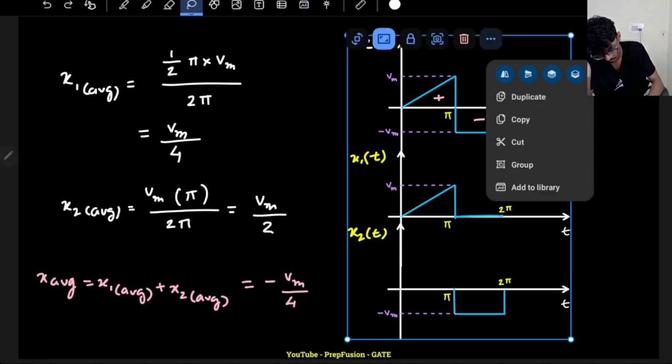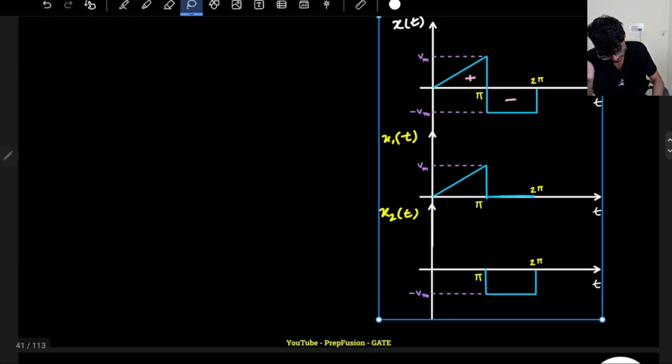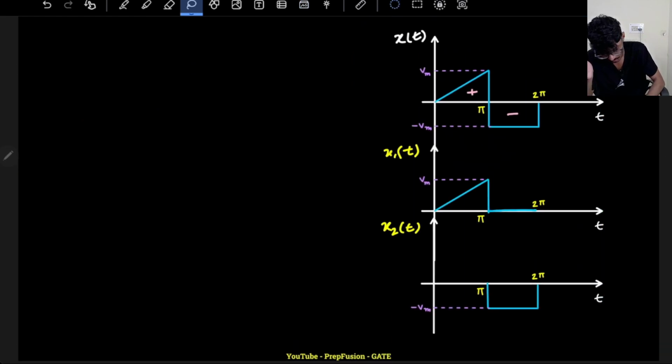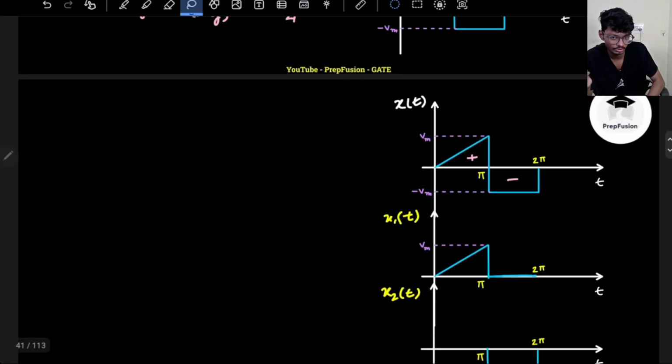For the RMS, what I observe is that it is an orthogonal signal, right?